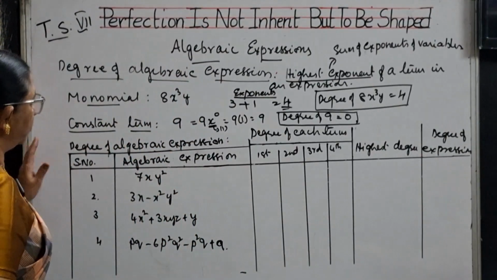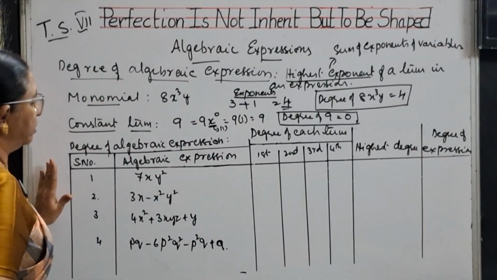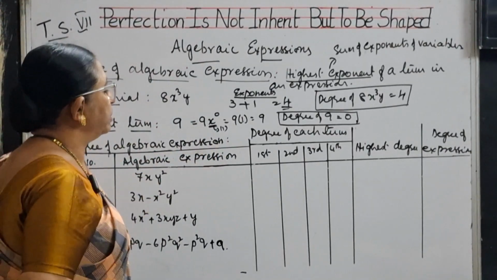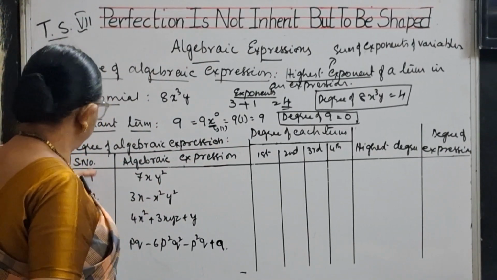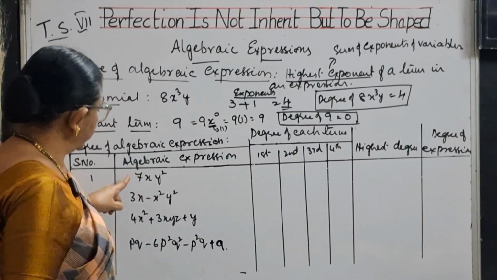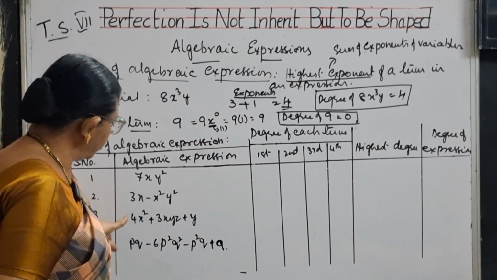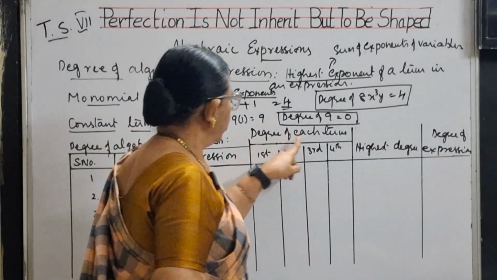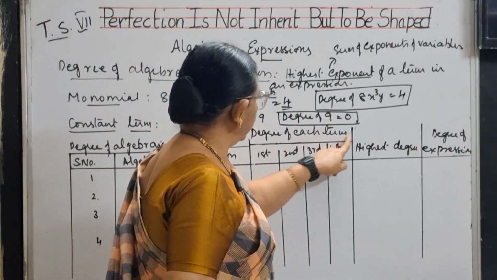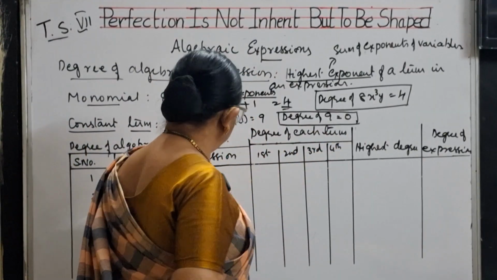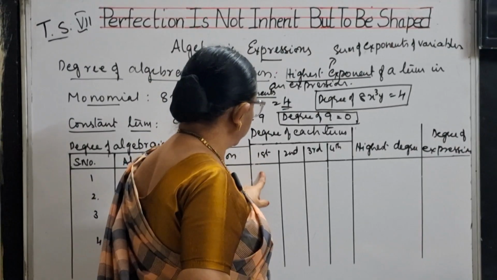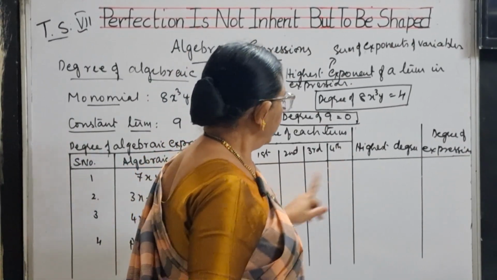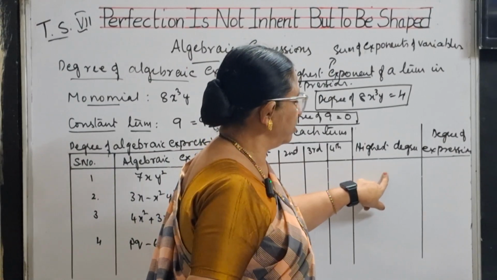So let us have a table given in your textbook. They have given here degree of algebraic expression we are talking about. Here various algebraic expressions, monomial, binomial, trinomial, polynomials are given to you, and here they have asked you to write the degree of each expression. First term degree, second term degree, third term degree, fourth term degree. Then out of all this, what is the highest degree?